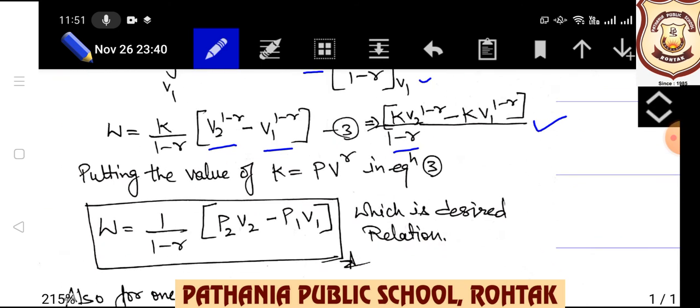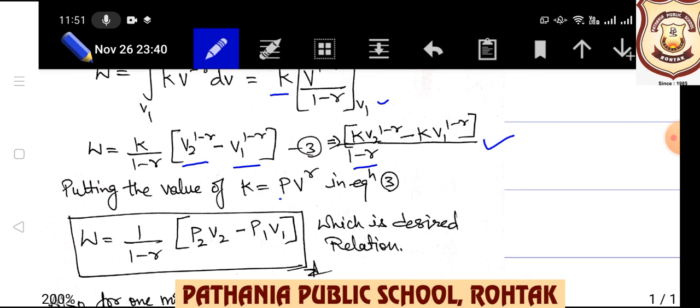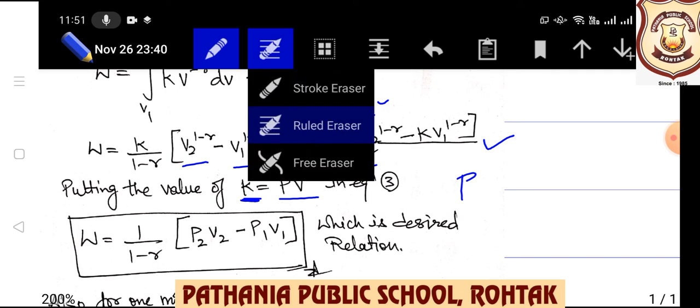When V comes to the right hand side, the sign of the power will change. Putting this value of pressure from equation 2 into equation 1, work done is integration V1 to V2 K V raised to power minus gamma dV.